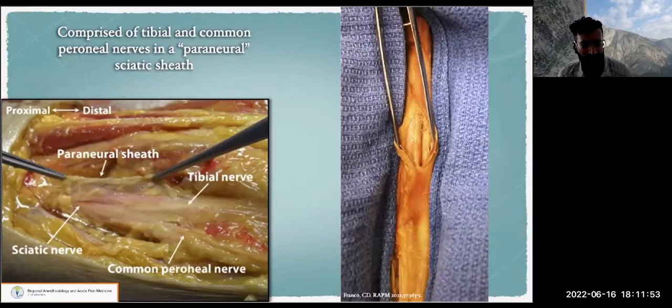And it's quite a thick fascial layer, and really depositing your local anesthetic within this paraneural sheath is, I think, the key to a successful block, particularly a block for surgical anesthesia.